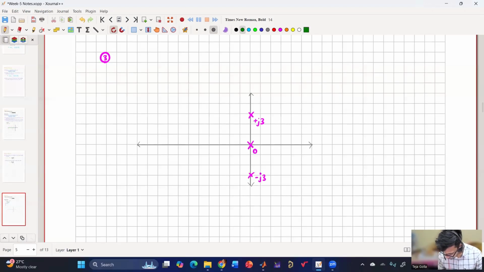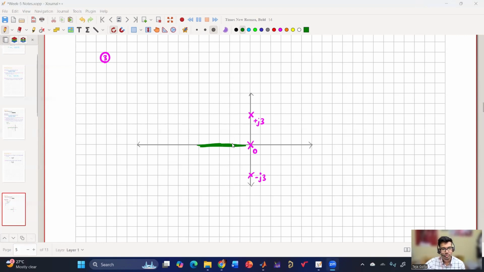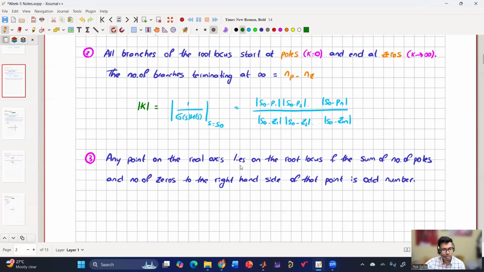Does root locus exist in this entire region? Can we say that using point 3? So what does point 3 say? On the right hand side, we have to count the number of poles and zeros. Any point on the real axis lies on the root locus if the number of poles and zeros to the right hand side of that point is odd.